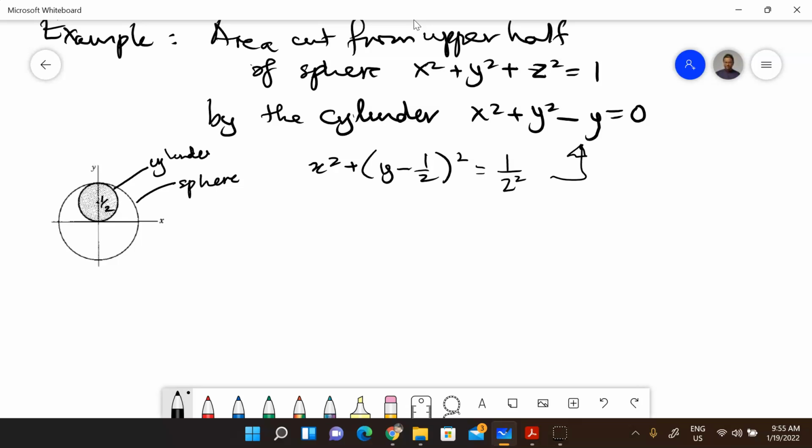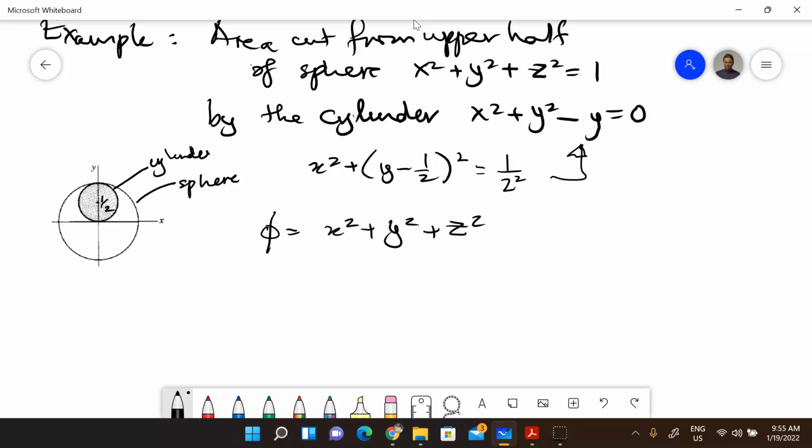So how to do this? Essentially, the surface that you want to look at is the cut version of that sphere. So your sphere is now giving you phi, x squared plus y squared plus z squared, equals 1, which is the constant.